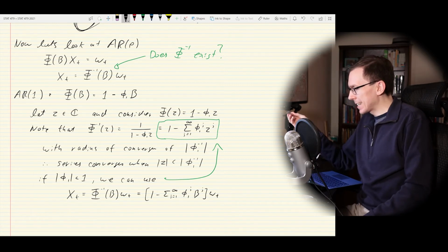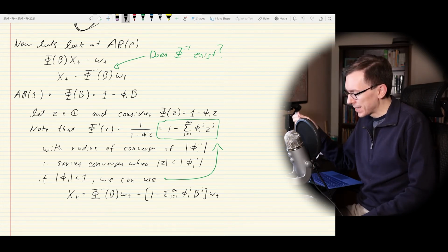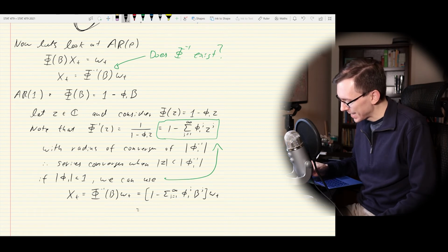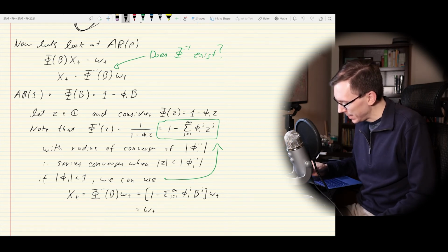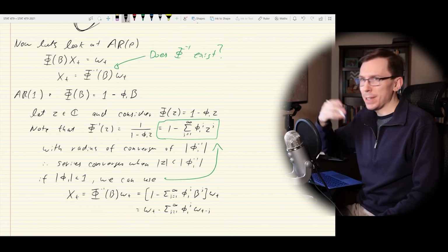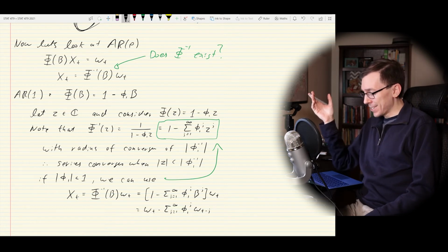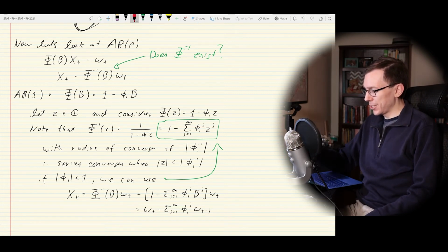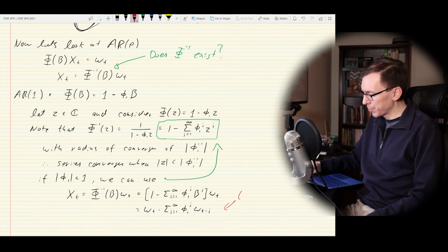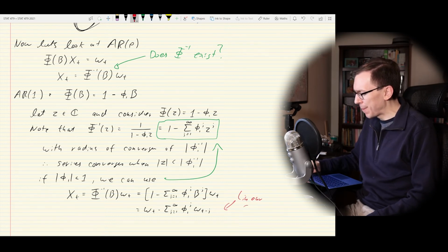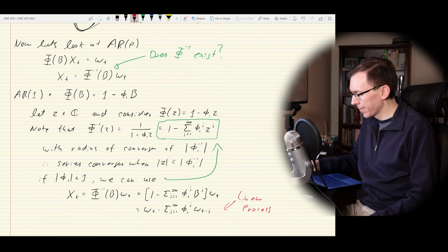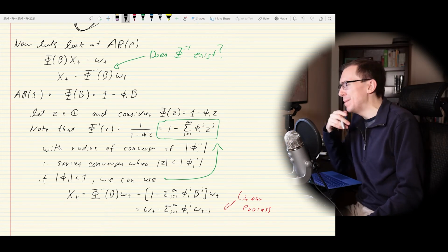And then we can decrement it if we want, and we end up with our linear process again, which is going to be w_t minus the sum over j from 1 to infinity of phi 1 to the jth power times w_{t-j}, because it's being backshifted j times. So that's a quick shorthand to get back to the linear process that we had back in lecture 2, or I think maybe it was 3.